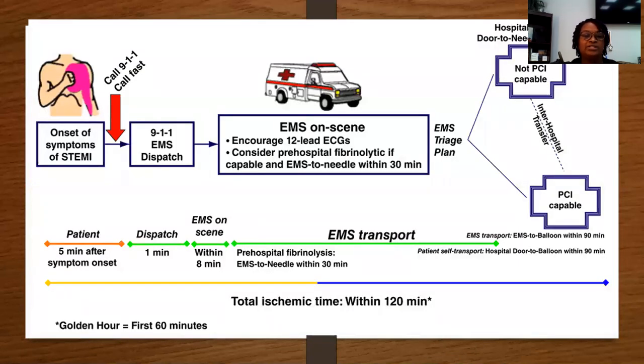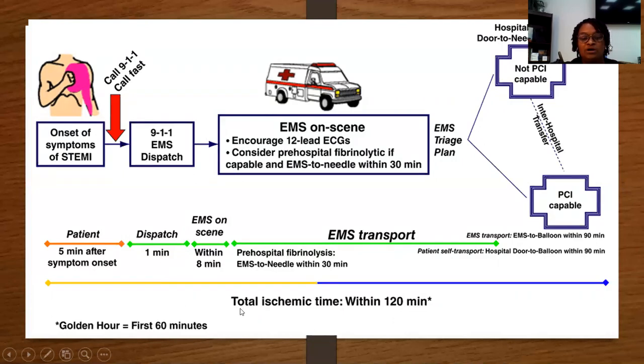So here's an illustration of someone who starts to have the onset of MI symptoms. You're going to immediately call 911, and from the time the EMS gets on the scene and gets them hooked up to an EKG, they need to try to get those thrombolytics in the patient within the first 30 minutes and get them to the hospital immediately.